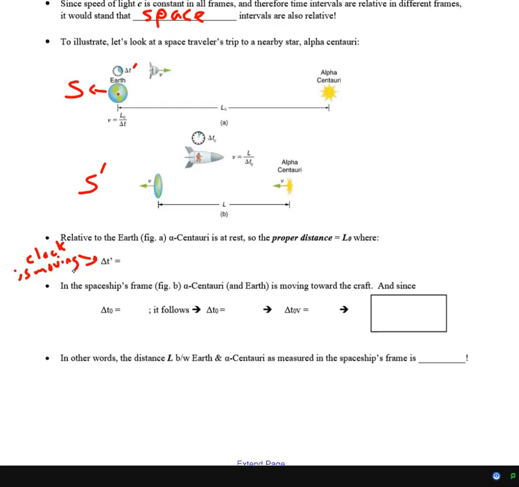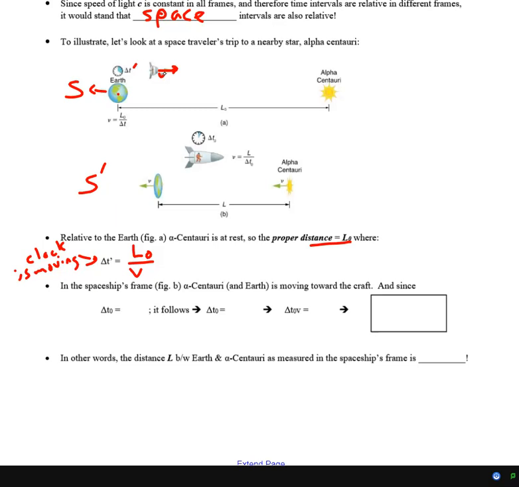And that's a fairly simple expression. It is equal to the distance traveled, and I'm going to put the naught there, that's the proper distance, divided by simply how fast the spaceship is traveling. So we see up here it's traveling with some speed v. That's pretty straightforward.